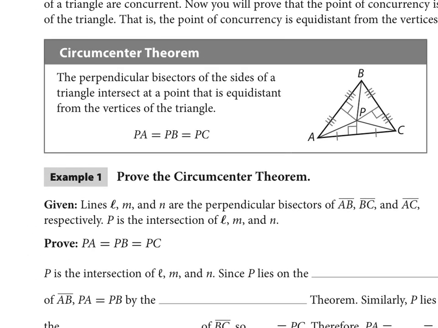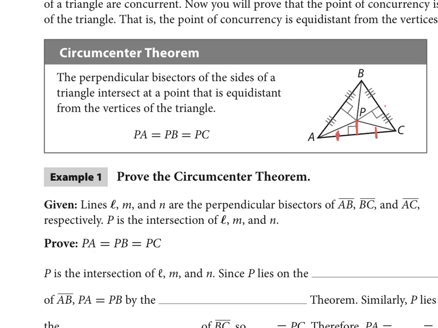The perpendicular bisectors of all the sides of a triangle intersect at a point that is equidistant from the vertices. Okay, so here is the perpendicular bisector of this side, and you can see it cuts AC into 2 equal parts.